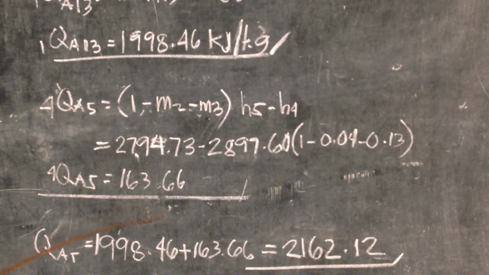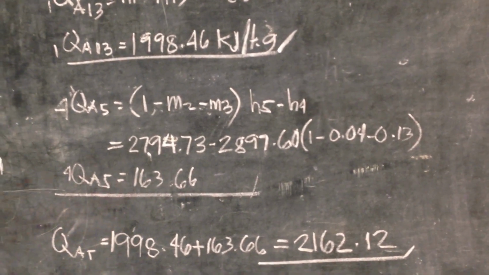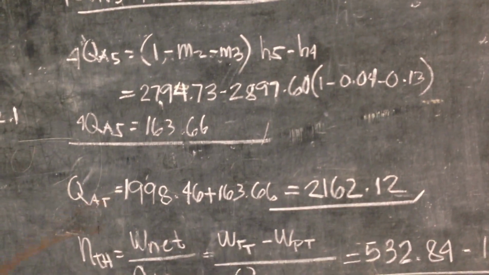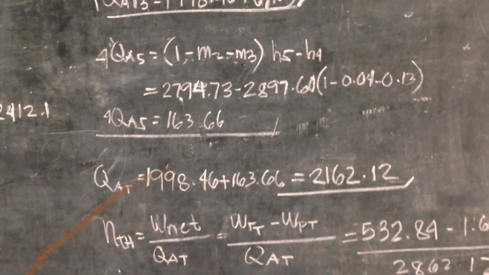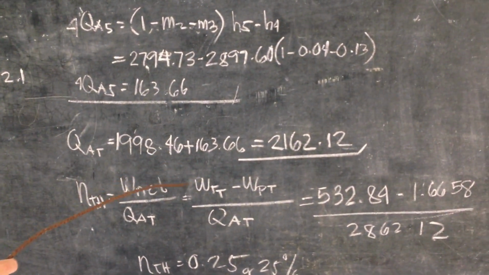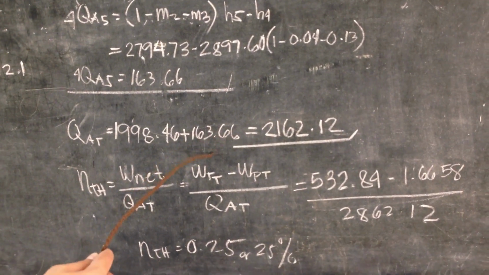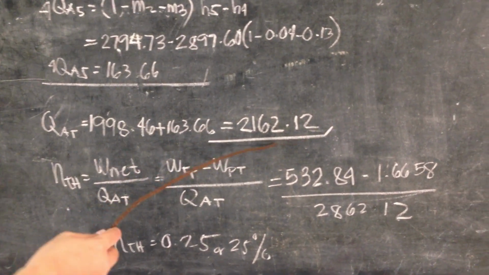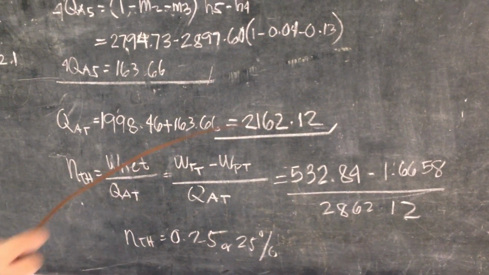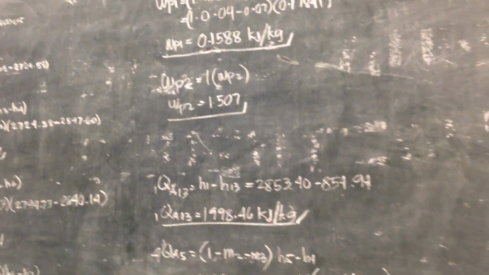The result is 163.66. So the overall total of heat added is 1998.46 plus 163.66, which is equal to 2162.12. So we just add the heat added 13 and heat added 5.